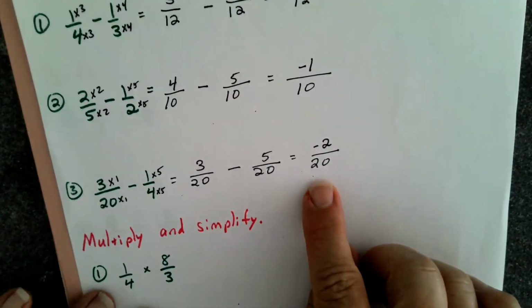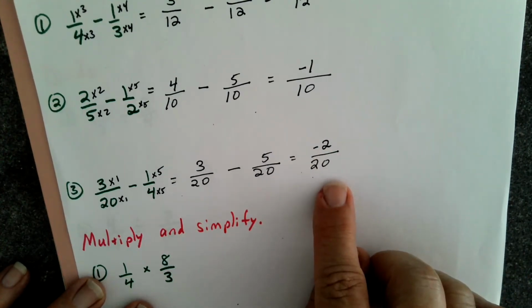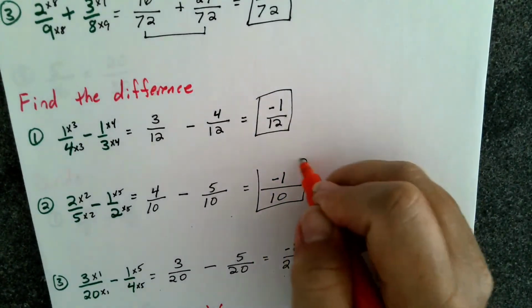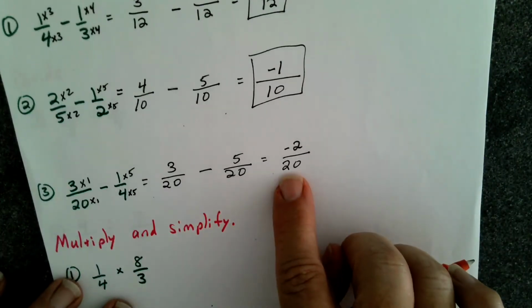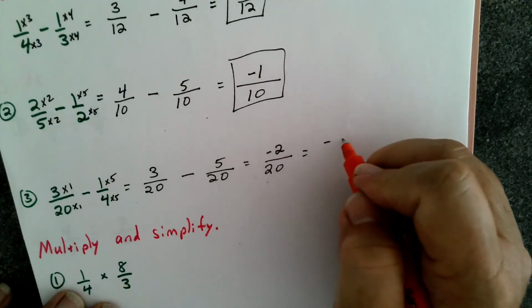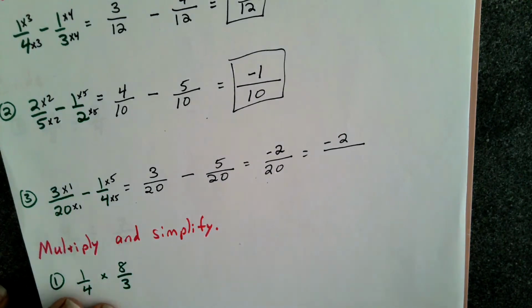Now, if you notice, I can reduce this fraction, which you should. Oh, sorry, I didn't box these answers. This is the first answer that I need to reduce. So the numerator is already in its prime factorization. 2 can't be broken down. It's 2. I believe we already did 20, but I'll do it again.